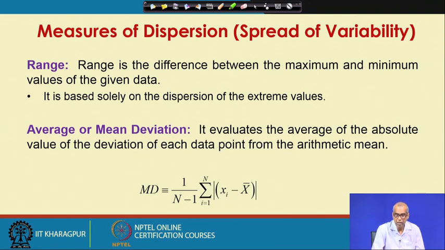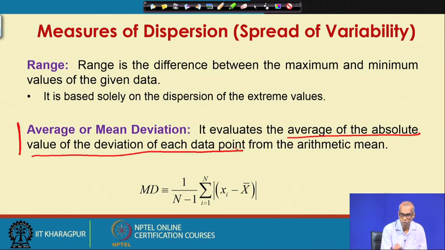Average or mean deviation, this is a better estimate of measure of dispersion or spread of variability. Average or mean deviation evaluates the average of the absolute value of the deviation of each data point from the arithmetic mean.